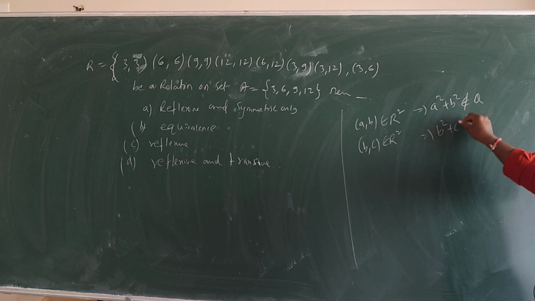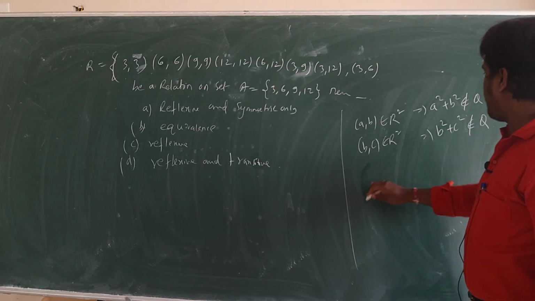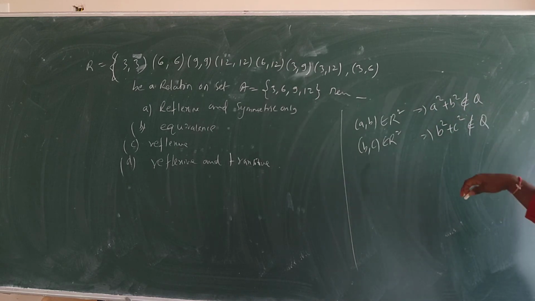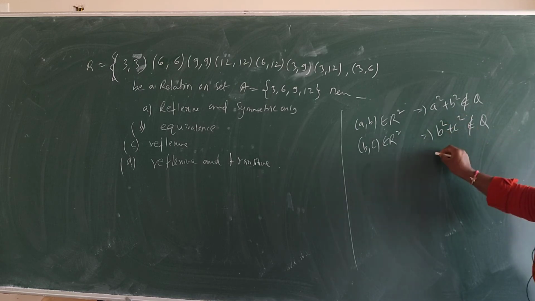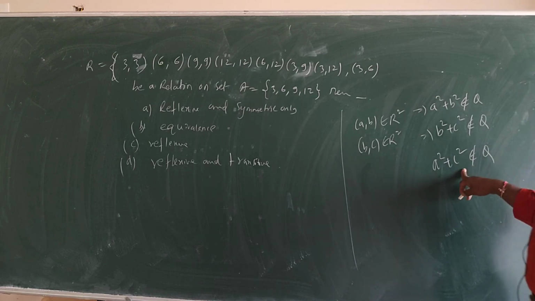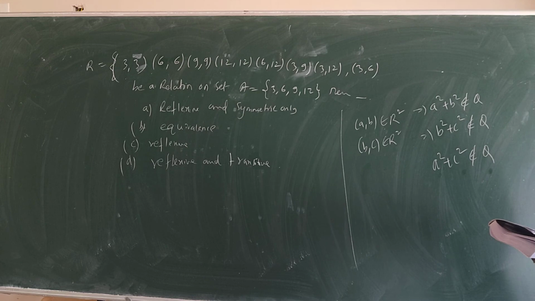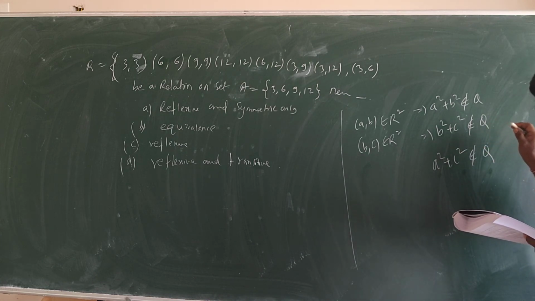B square plus C square not belongs to Q. Now see what you needed: A, C. If I subtract these, A square plus C square does not belong to Q. Okay, it was addition.